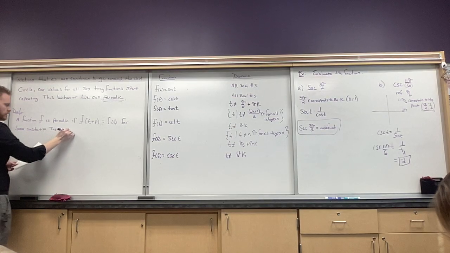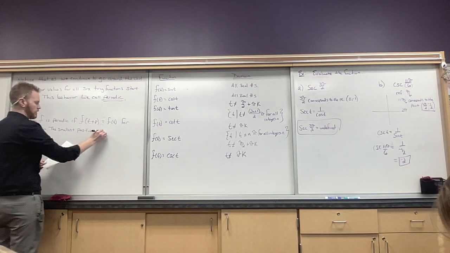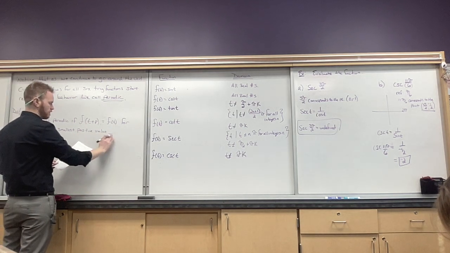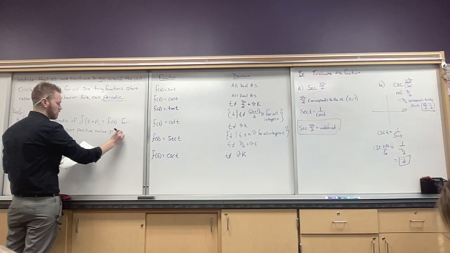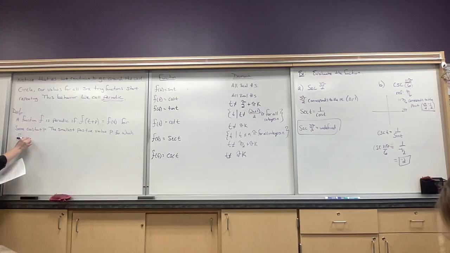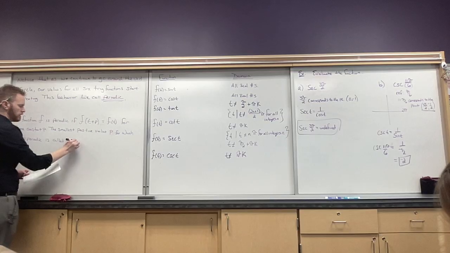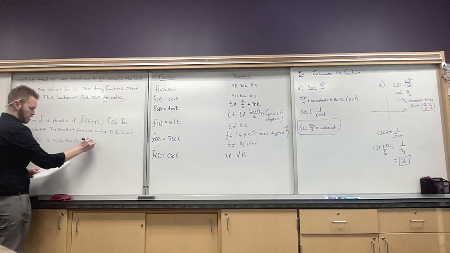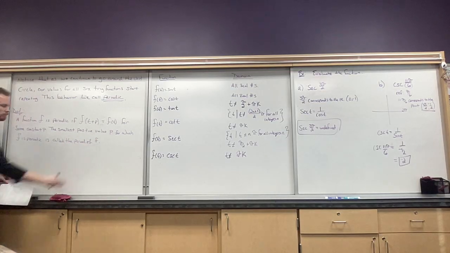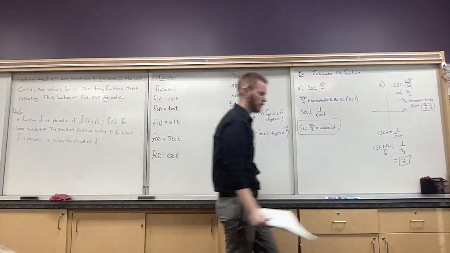The smallest positive value p for which f is periodic is called the period of f. I'm going to give you a moment to write that down, and then I'll explain that a little bit more fully.